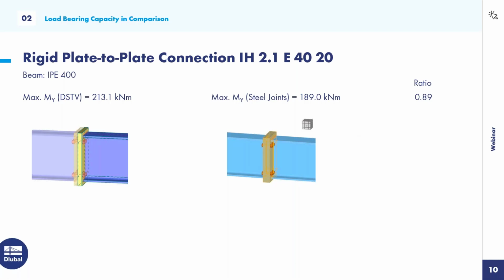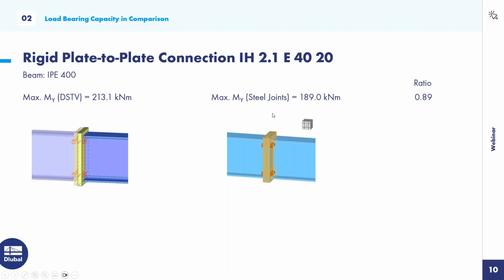You could see we have got different ratios, different results for one connection, the same ratio for both DSTV and the steel joints. Yeah, there are two different approaches. The DSTV guideline calculates the maximum values or maximum ratios with the component method, and steel joints uses the finite element analysis.